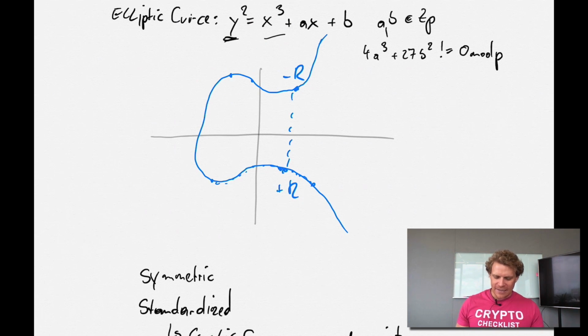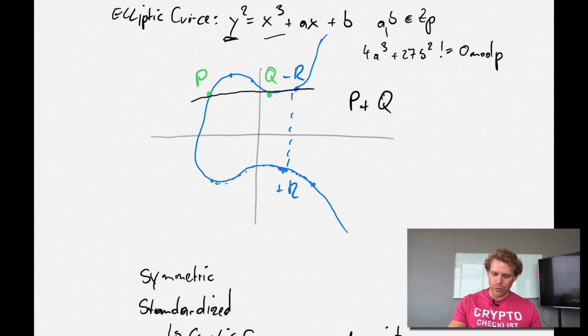Let's use it very simply now. Let's say this is point P and here I have point Q, and let's say I'm lucky that I have a line here, so P plus Q minus r equals 0.